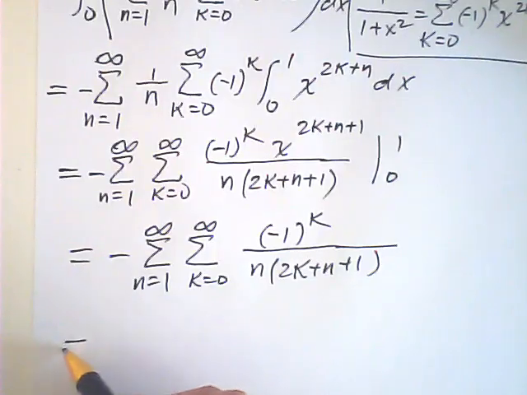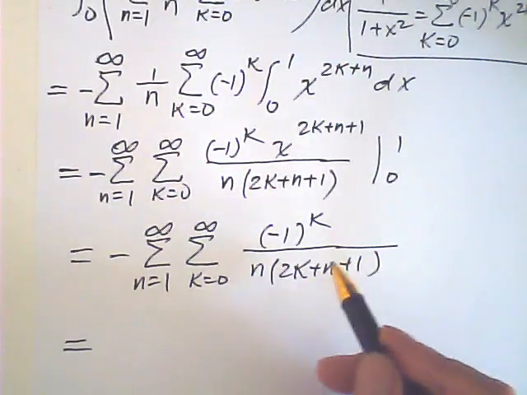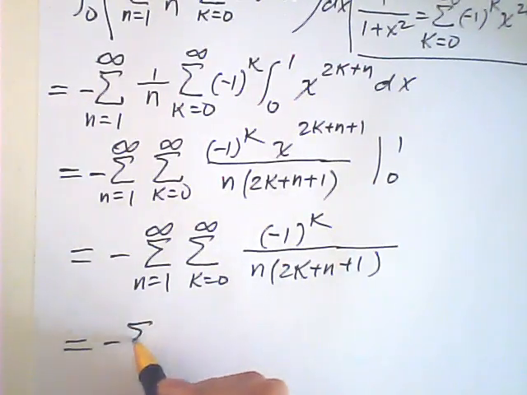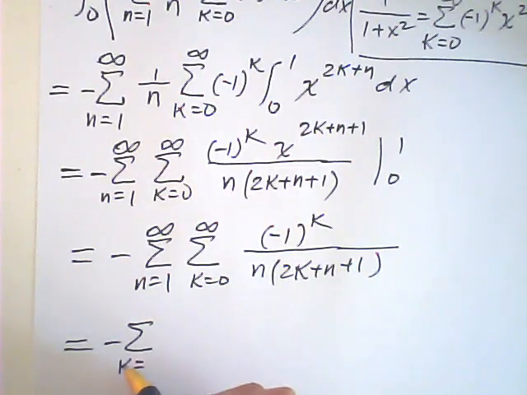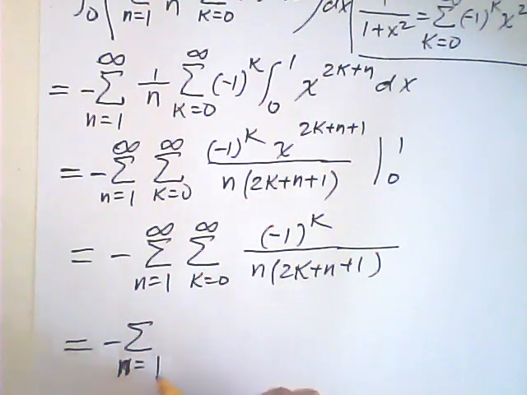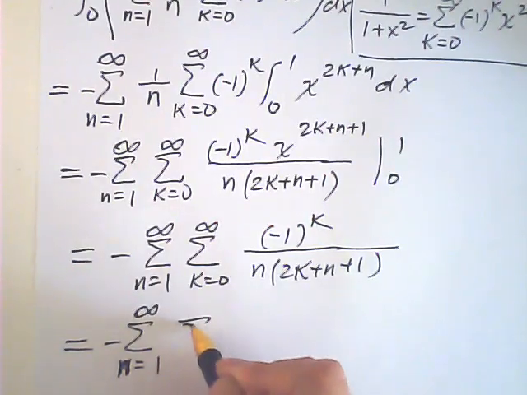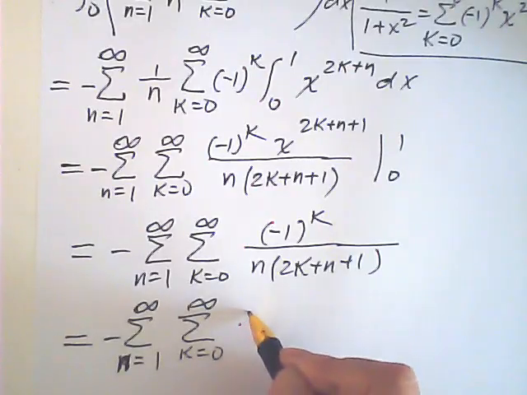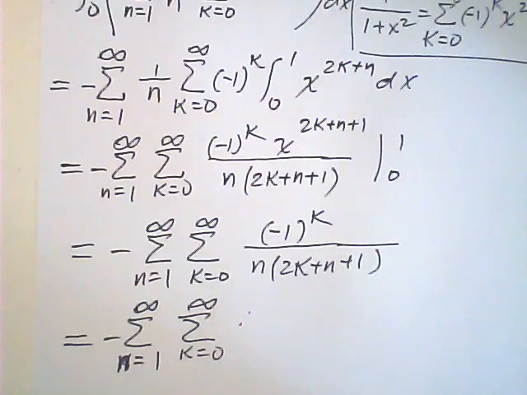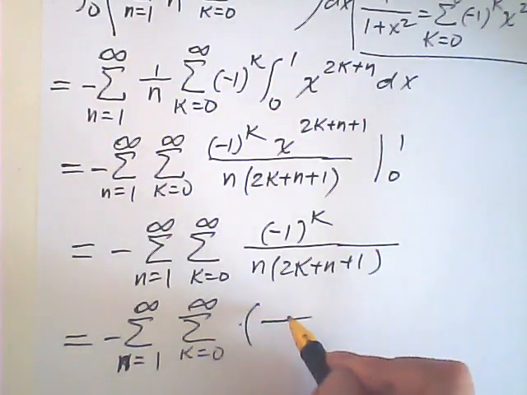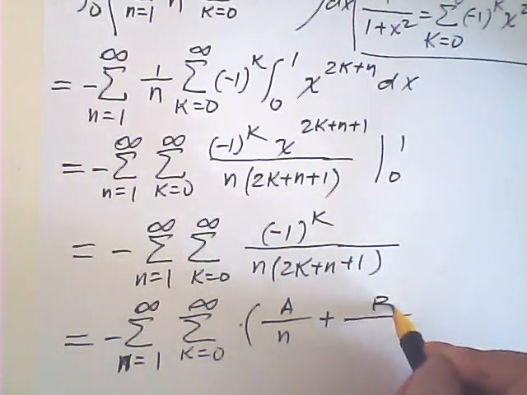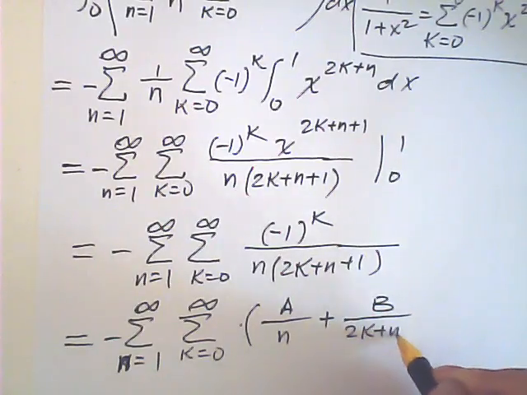Then I separate these fractions into partial fractions. So this is n equal to 1 to infinity, and k equal to 0, and this one is just A over n plus B over 2k plus n plus 1.